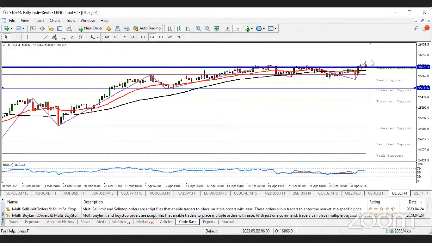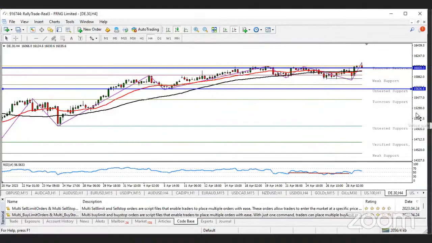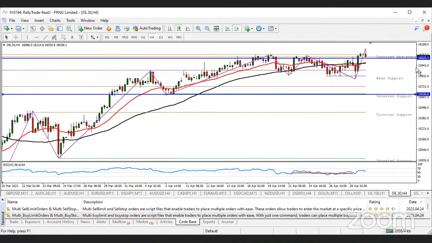So if you're a long-term trader looking at trading DE30, you should be looking forward to a breakout. My colleague mentioned one or two things about when to enter a buy trade or a sell trade. He mentioned that you should be looking at a retest, a pullback, or a support or a resistance.